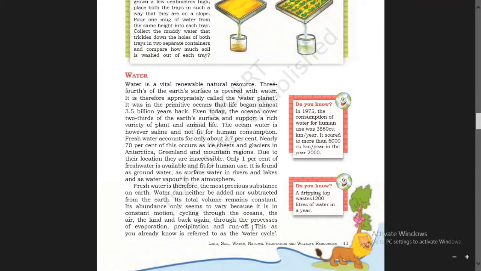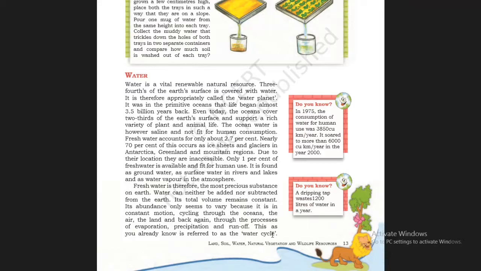This, as you already know, is referred to as the water cycle, which you learned last year in class 7 geography.